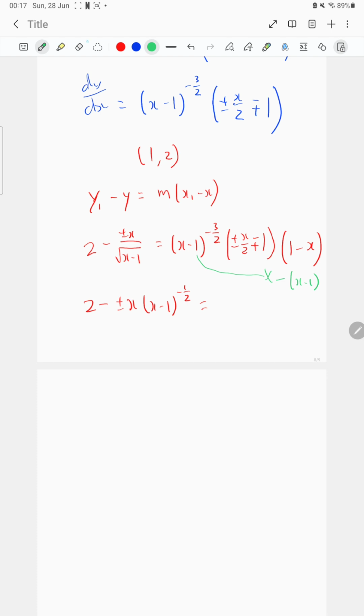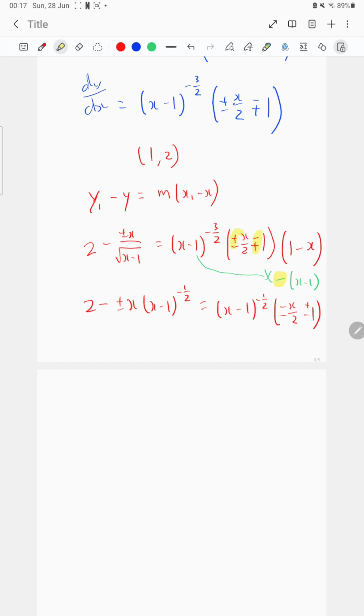So what does it become? This becomes x minus 1 to the power of negative a half minus plus x over 2 plus minus 1. Why is it reversed? Because there's a minus here, so these are reversed.